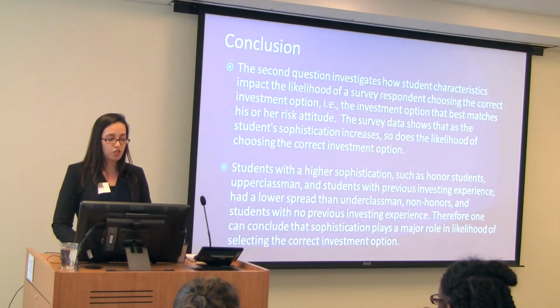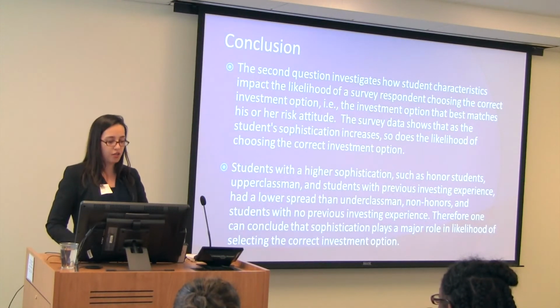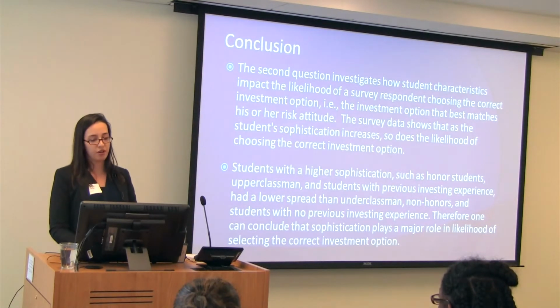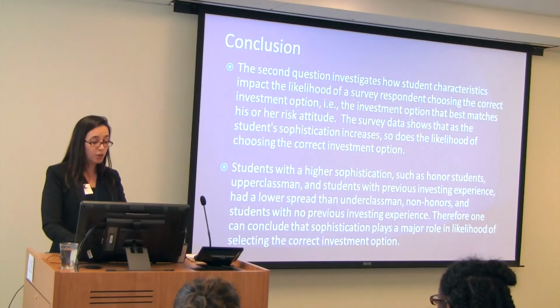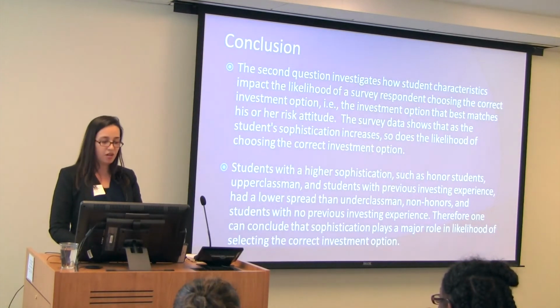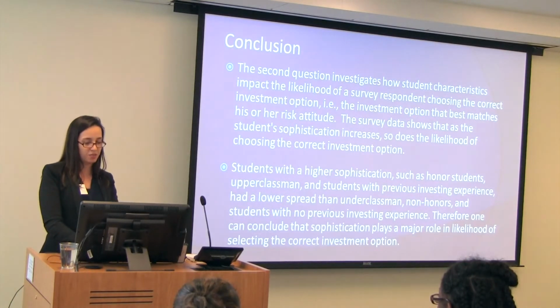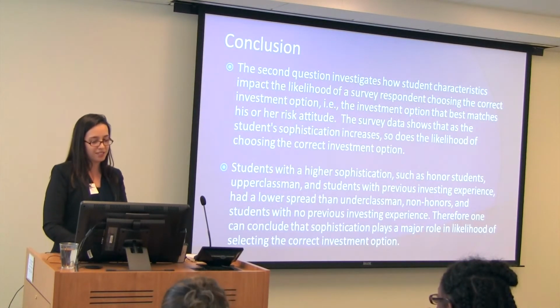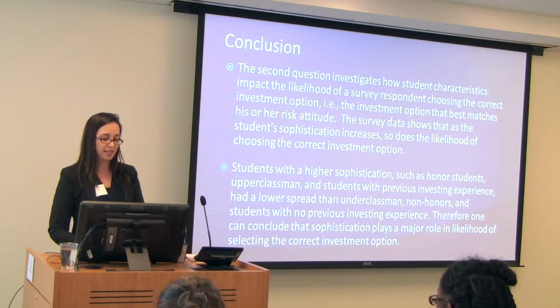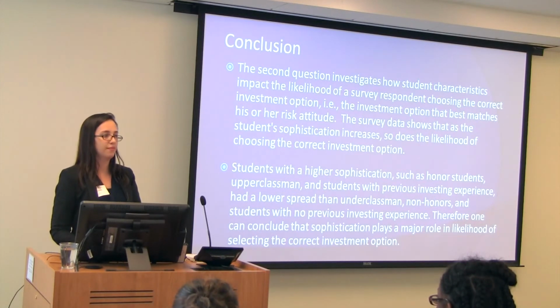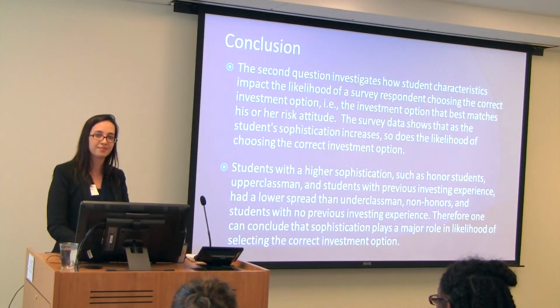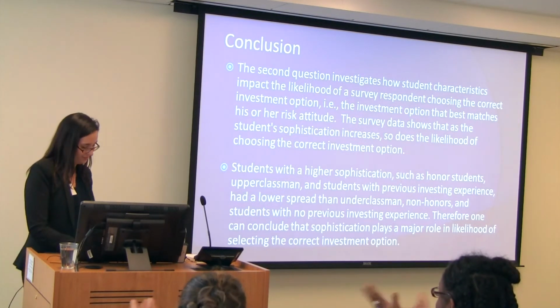We found that students with higher sophistication, such as honor students, upperclassmen, and students with previous investing experience, had a lower spread than underclassmen, non-honors, and students with no investing experience. Therefore, one can conclude that sophistication plays a major role in selecting the correct investment option. That's it. Thank you.